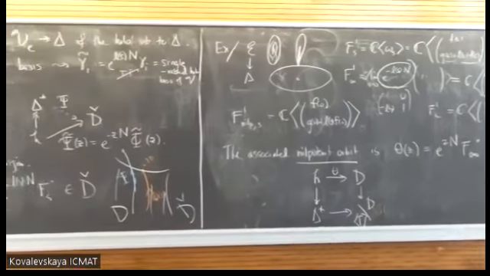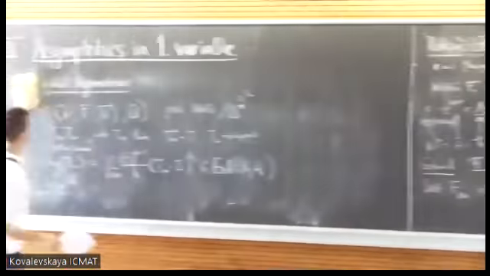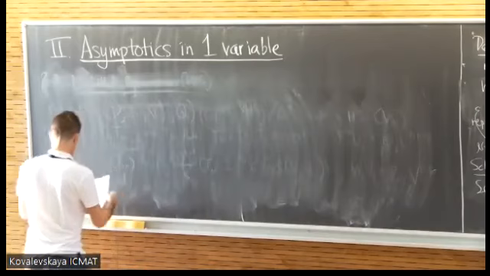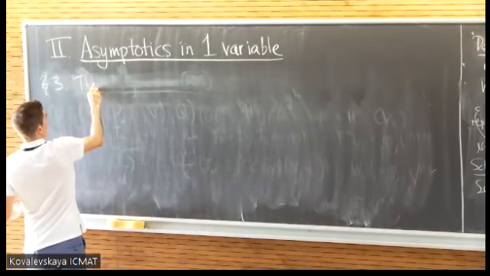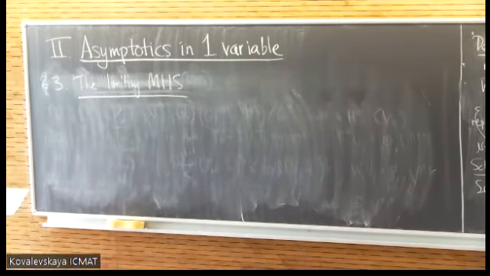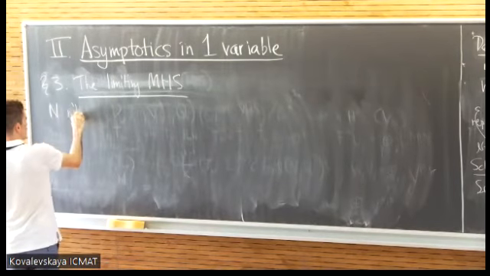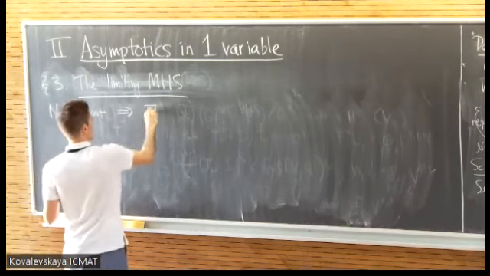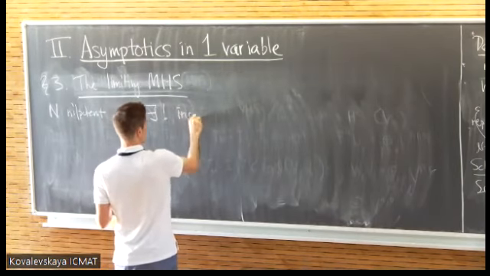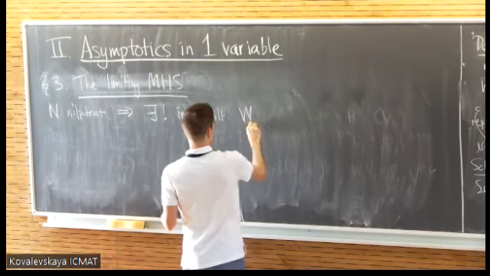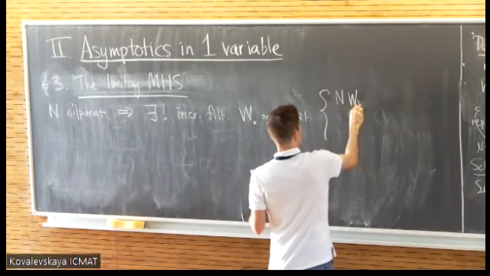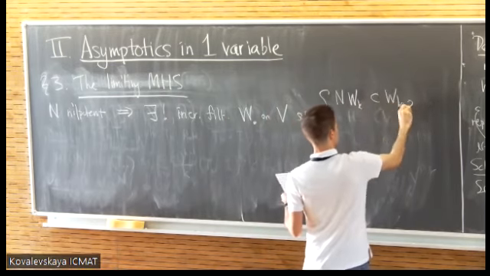Now on to what is the limiting mixed Hodge structure. Okay, since n is nilpotent, the basic lemma from linear algebra, right, is that there exists a unique increasing filtration, W bullet V, such that N W_k is contained in W_{k-2}.